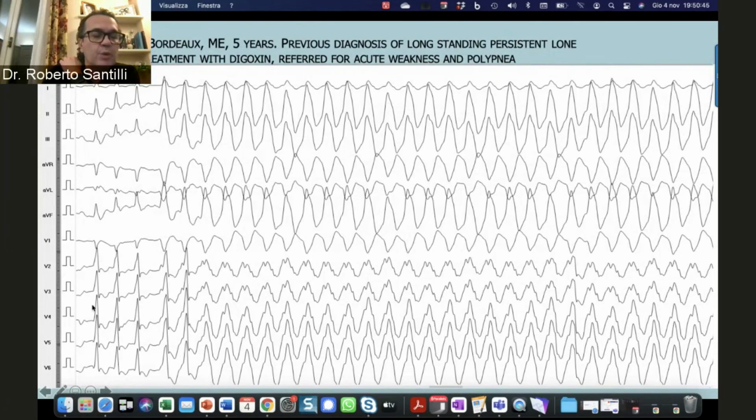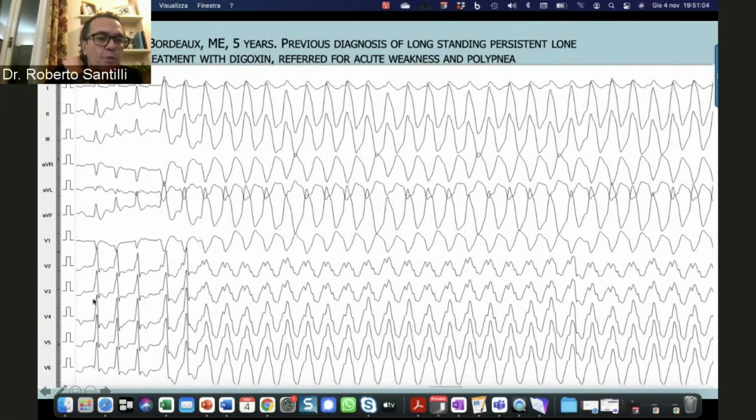And then remember, we talked about the R-peak time, the time of velocity of conduction from the endocardium to the epicardium. In lead V1, this is the right ventricle. You see from the beginning of the QRS complex to the peak of the R is very fast.